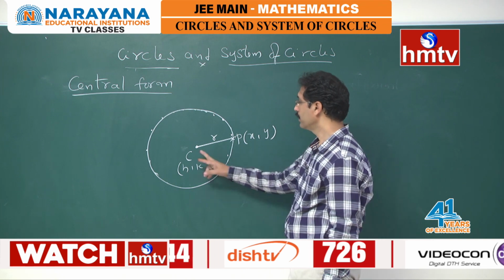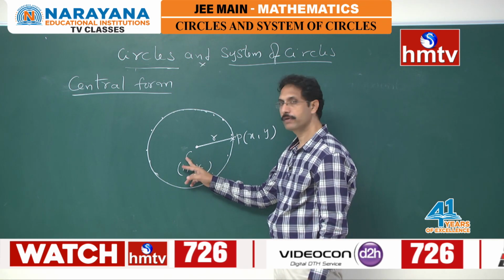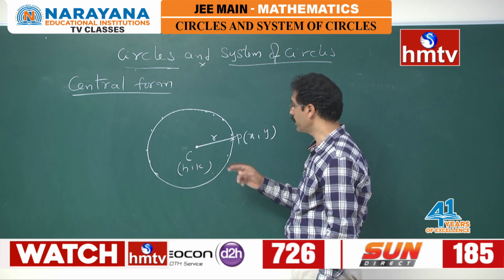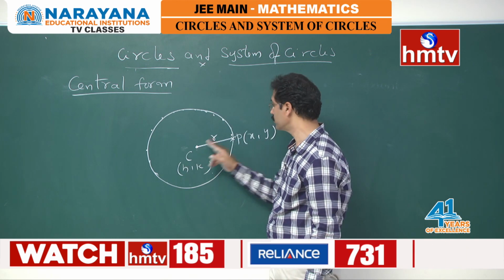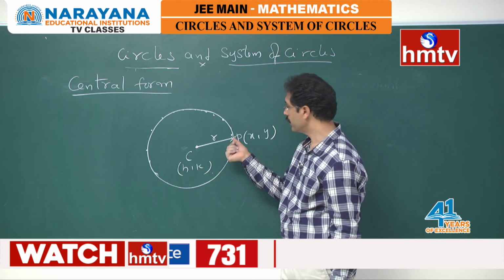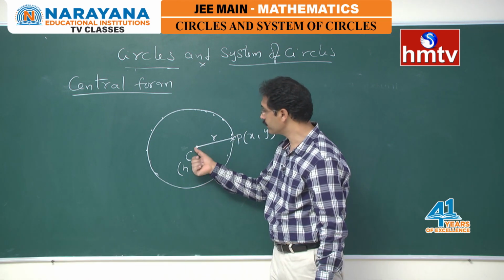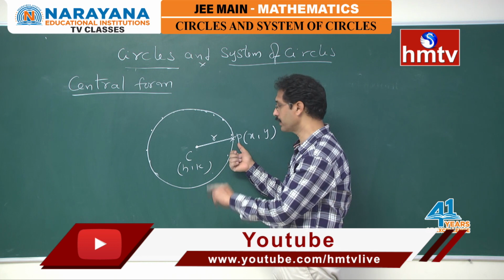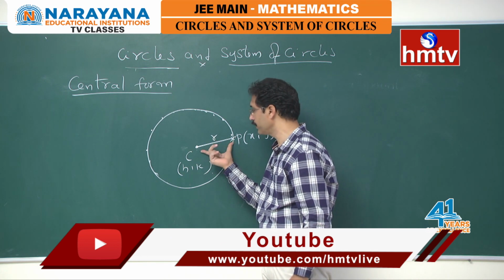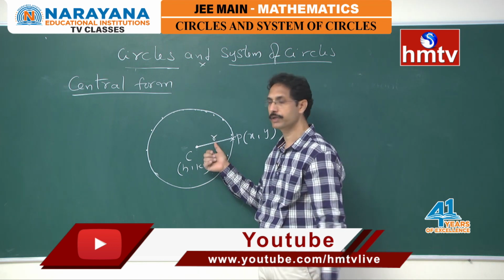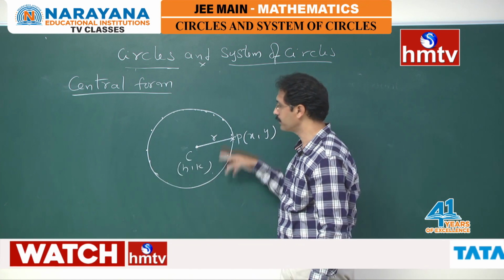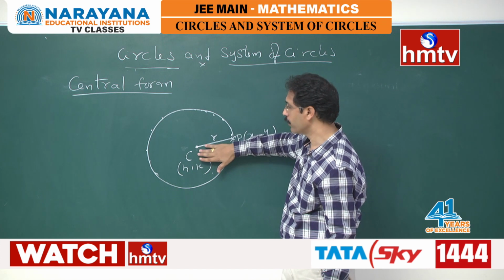Between C and P we have a geometrical condition: all these points are at a constant distance from C. Wherever you take point P, it will be at a distance of r units from C. So the geometrical condition is that the distance between these two points, CP, is equal to r. By using that geometrical condition, we can find the equation of the circle.